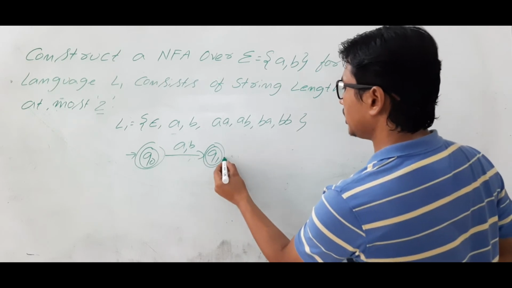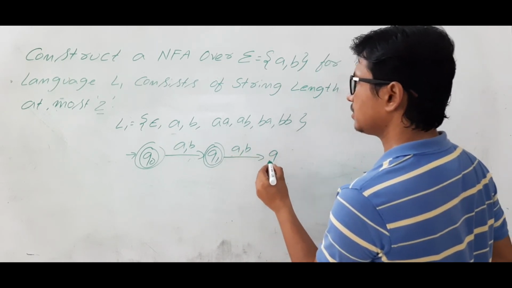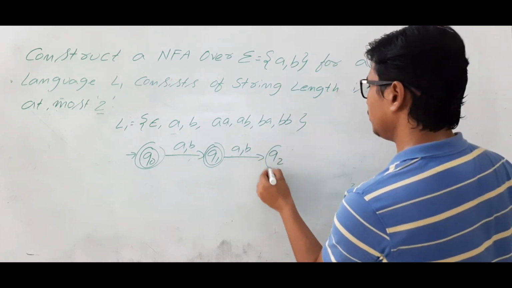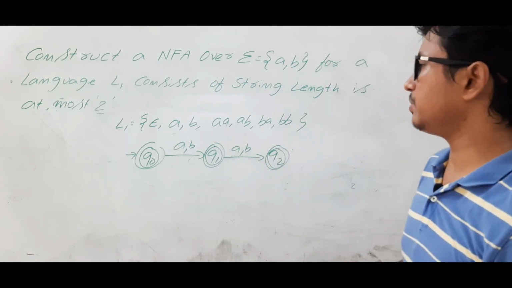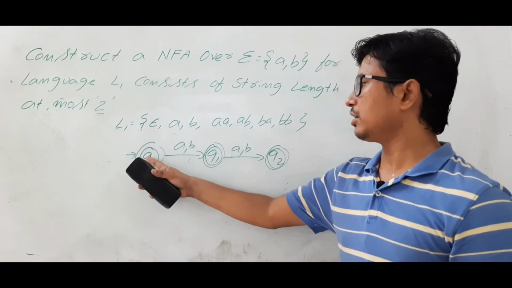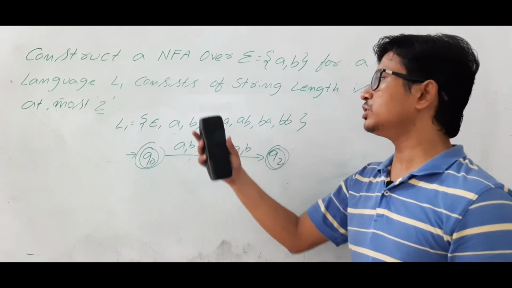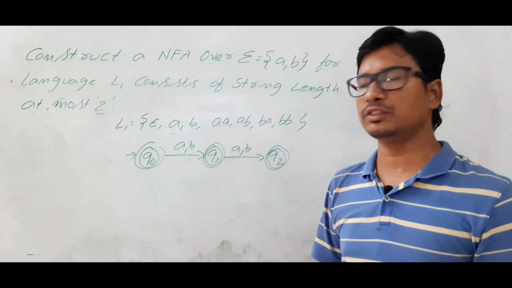Length 2 also I should accept, so my Q2 also will act as a final state. So this is my initial state. On epsilon we are accepting, on length 1 we are accepting, and at most 2, so the maximum length can be 2, so you are accepting length 2 also.